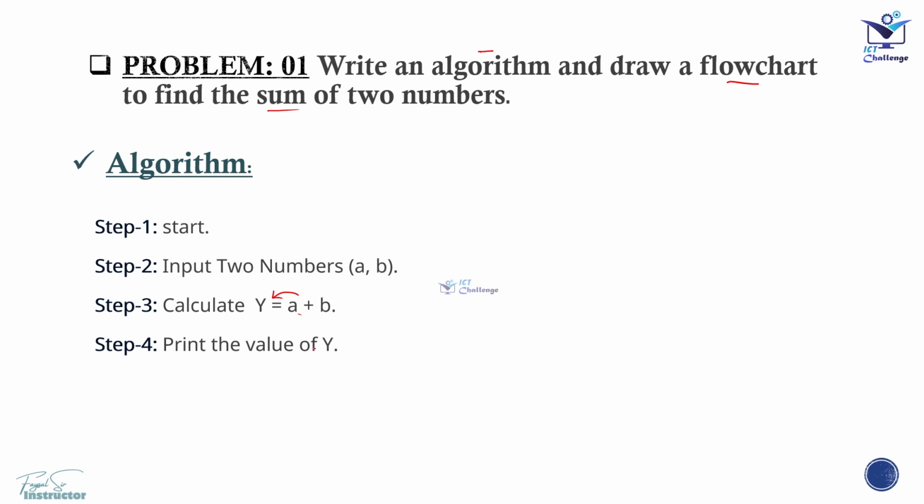So print the value of y, because we want to know the result of this equation. Finally we have to stop the program. So this is a very simple task: at first you have to start, then input those two numbers, then calculate the equation, then print the value whatever you have and stop. So there is a question that YAB, is this fixed?